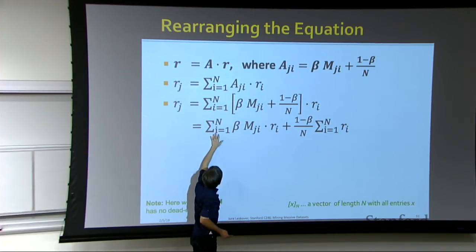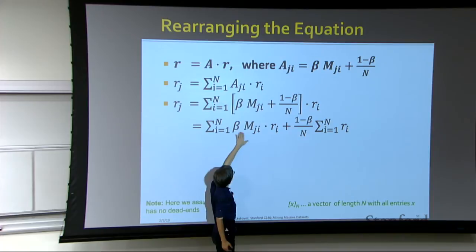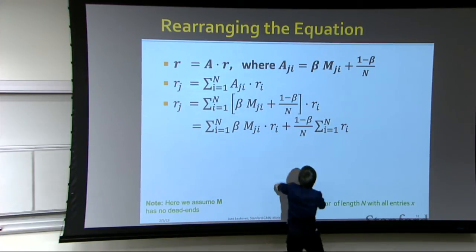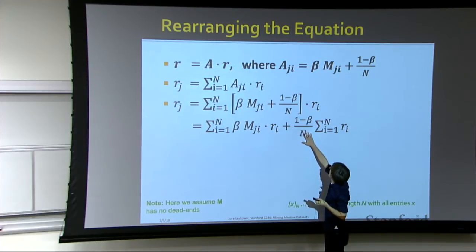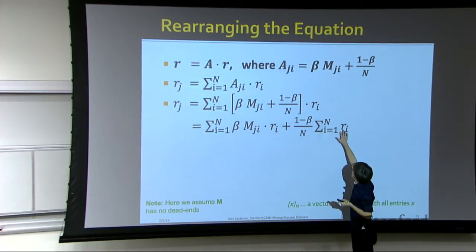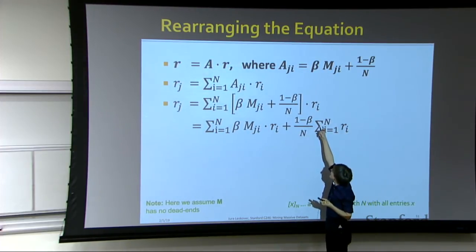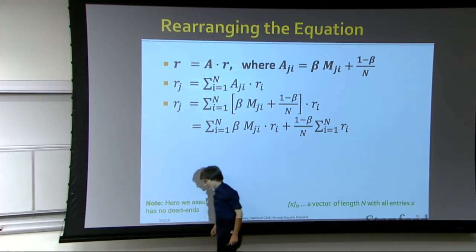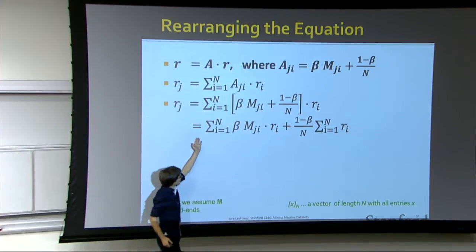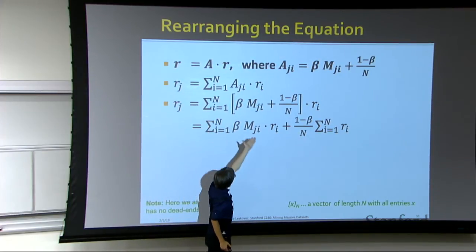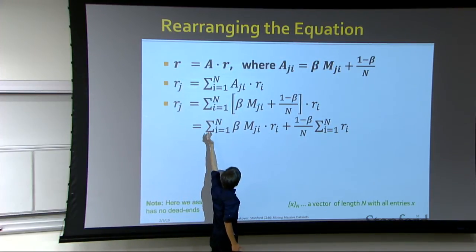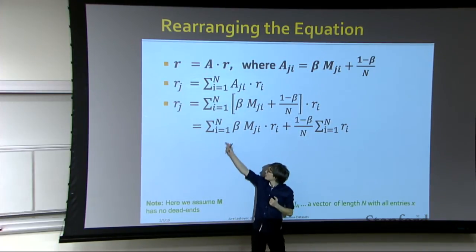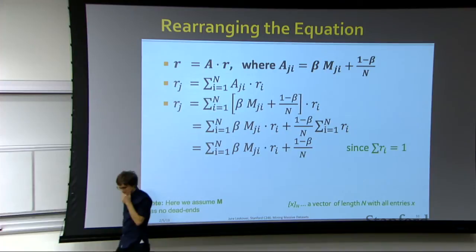So I have a sum from 1 to N over beta times M_ji times r_i, plus (1 minus beta) over N, and then a sum over r_i's, because I take that r_i and multiply it in here and in there. So now I have taken this one matrix-vector product and expanded it into these two summations. I have a summation here and a summation there.